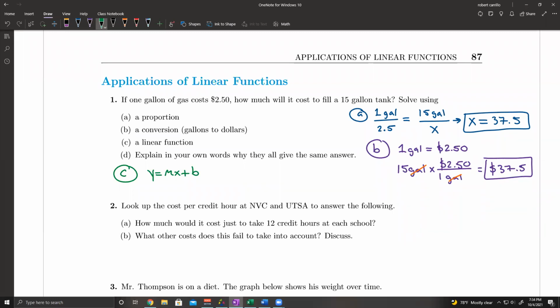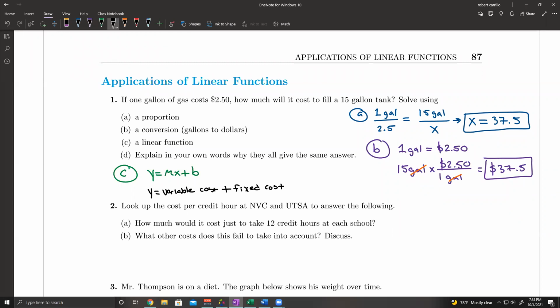And I guess to dig in more on this, if you're ever setting up a linear function to represent cost or anything like that, your linear function is always going to be a variable cost plus a fixed cost.